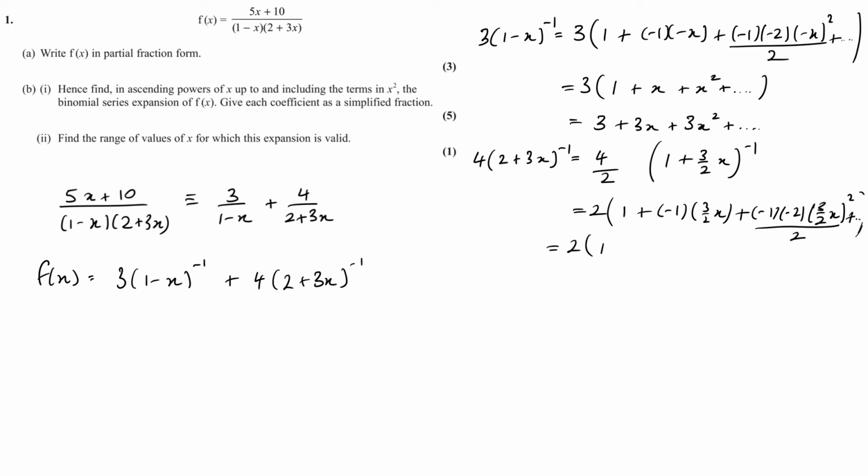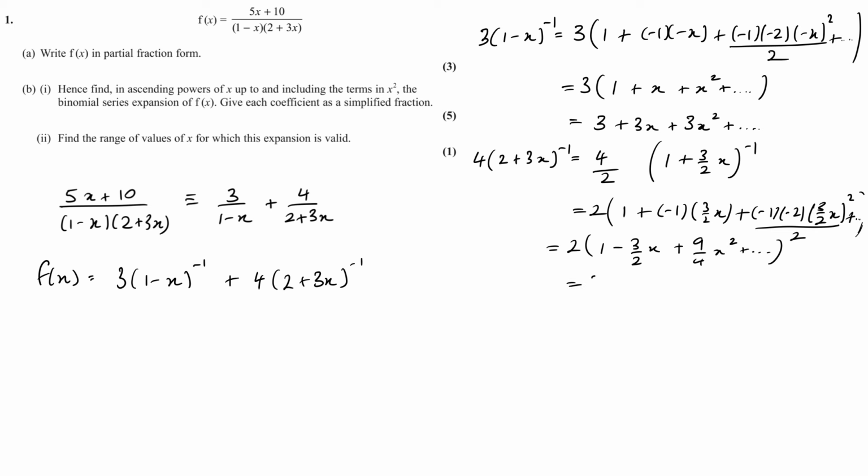Now what we've got, so we've got 1, and we've got minus 1 times that, so it's going to be minus 3 over 2 x. And then we've got minus 1 times minus 2, so that's 2 divided by 2, so it's just 1. And that's going to be 9 over 4 x squared. So it's plus 9 over 4 x squared.